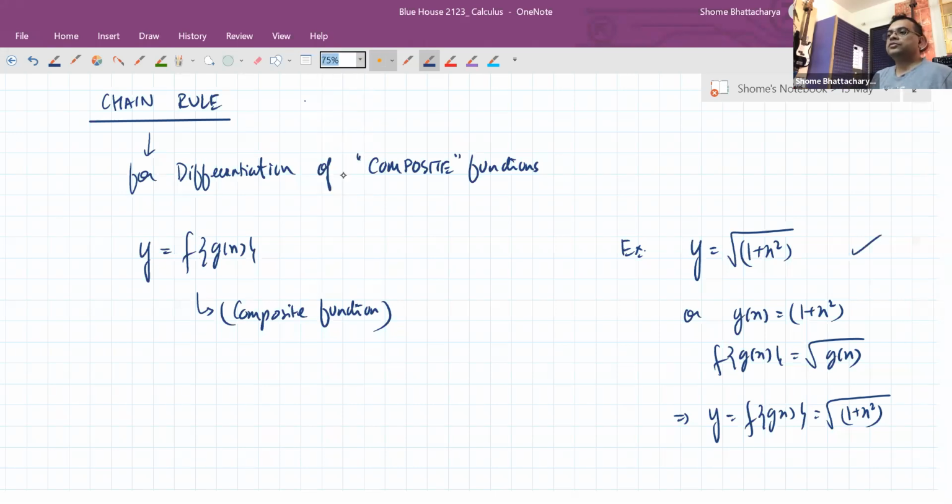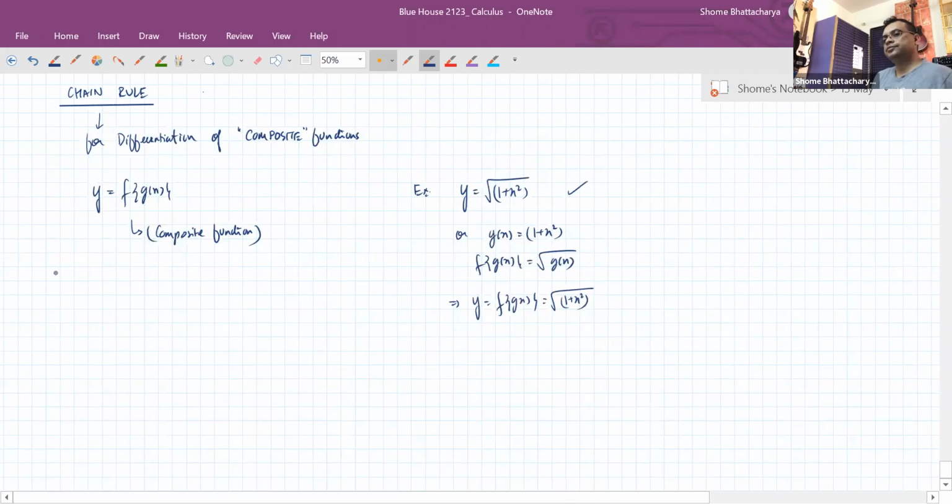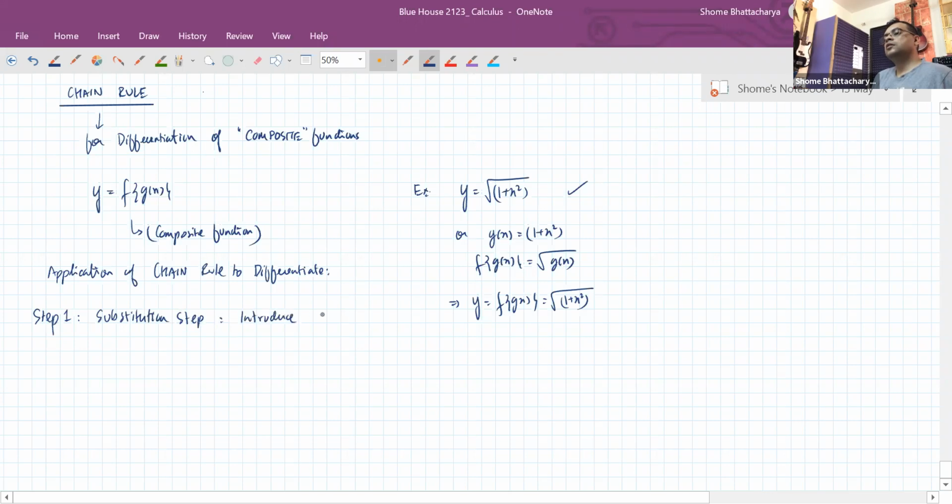So to differentiate composite functions, we apply chain rule. So chain rule involves 3 steps. So it's very important you understand these properly. So the first step is called the substitution step, wherein we introduce a dummy variable.